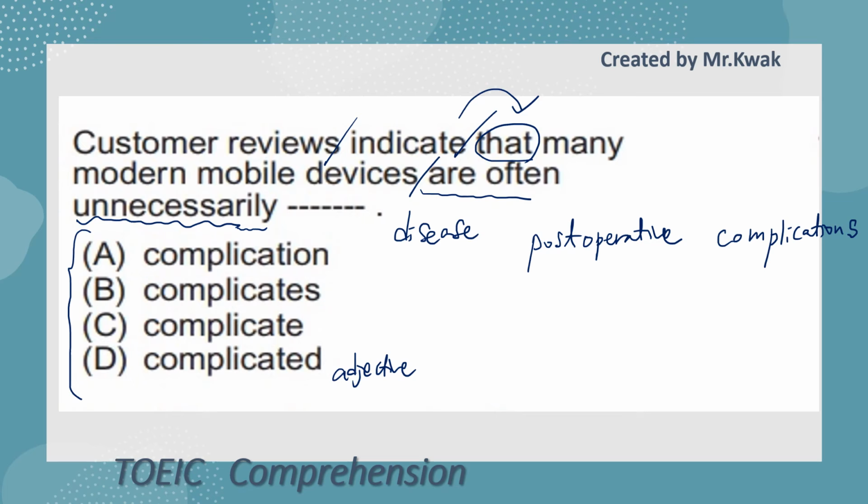B, complicates, is a verb, as I told you. For example, we can say, Yesterday, the cold weather complicated my cold symptoms, or, the cold weather complicates my headache, if it is the present tense.